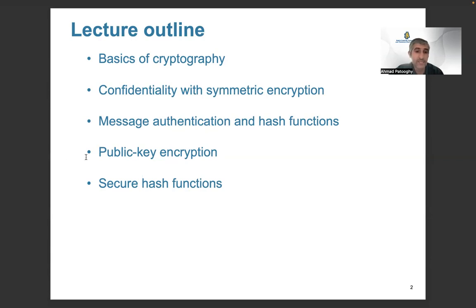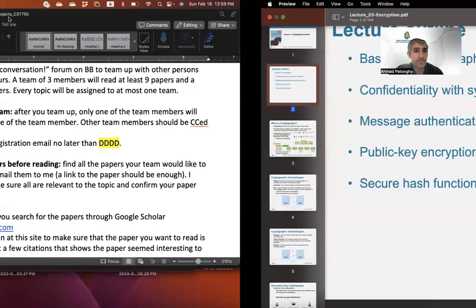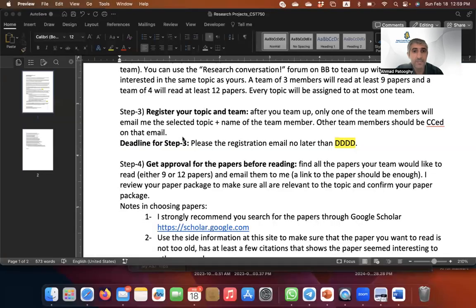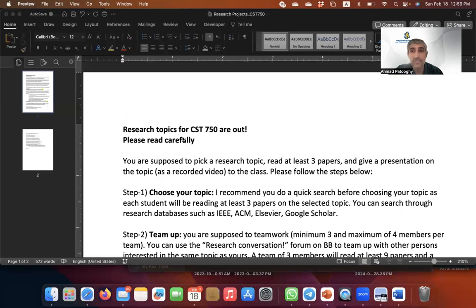The third thing is just giving you a heads up that there will be research projects coming out sometime soon. As I've already told you, you are supposed to read or study a number of research papers on research topics and present them to the class.